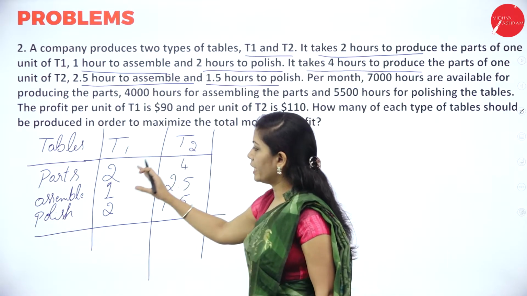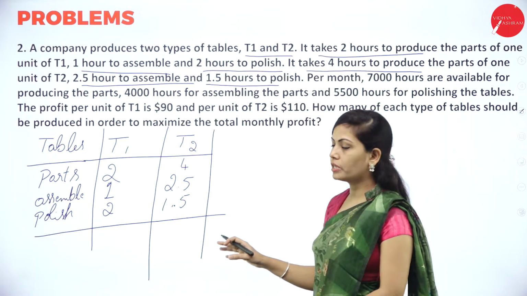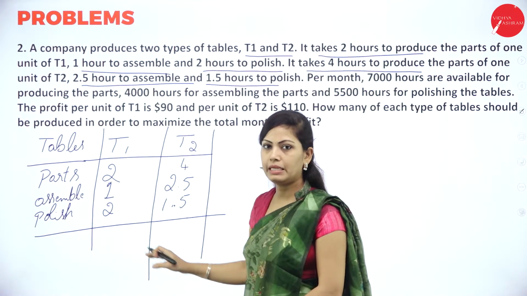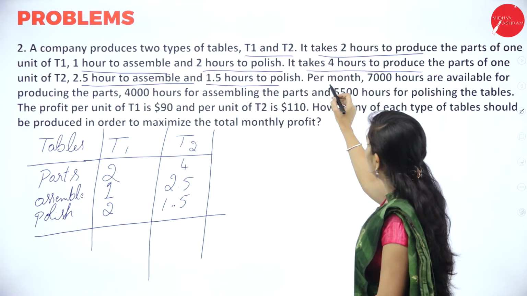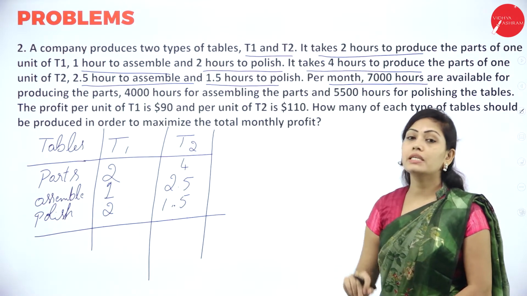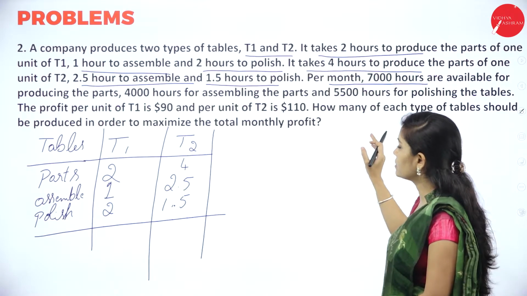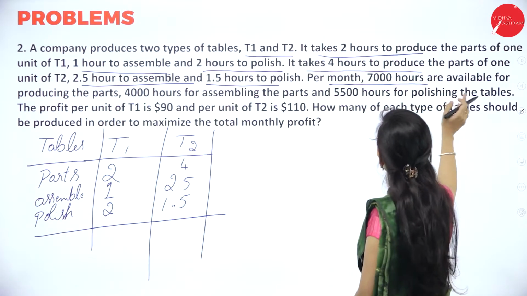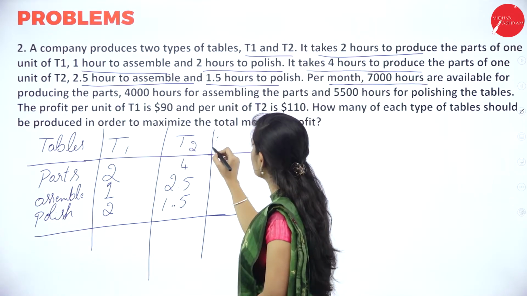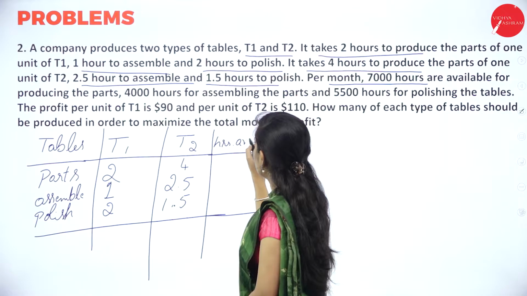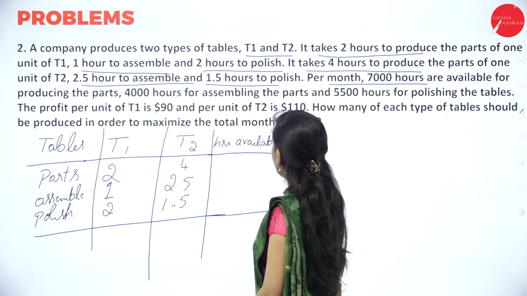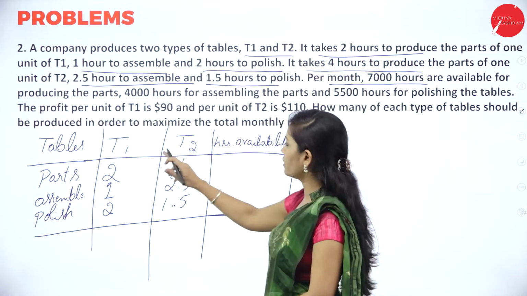So first you have to write the detailed information about the raw materials. So first you have to write the table like this, and per month 7,000 hours are available for producing the parts. So hours availability is for both the tables T1 and T2.